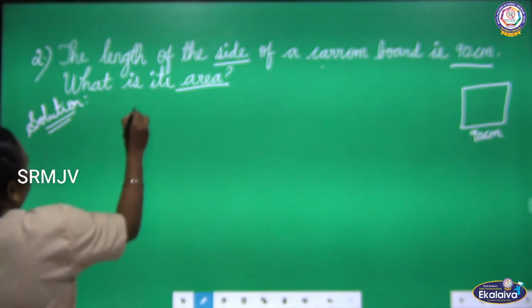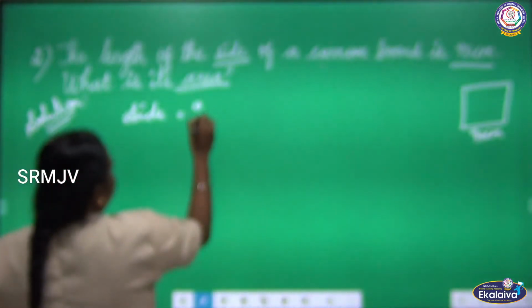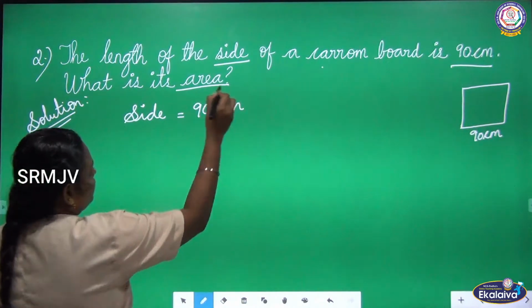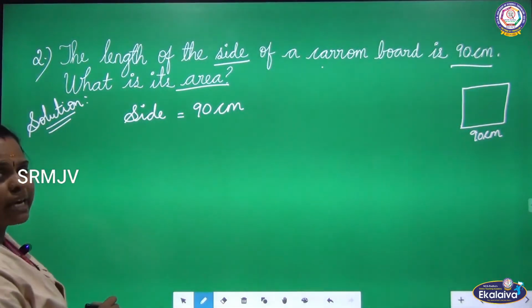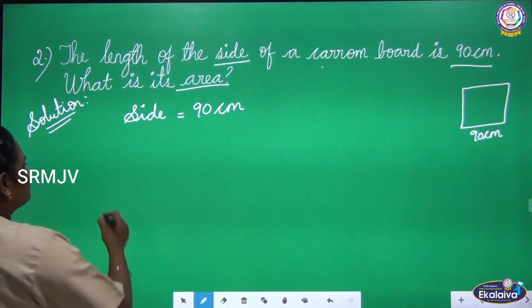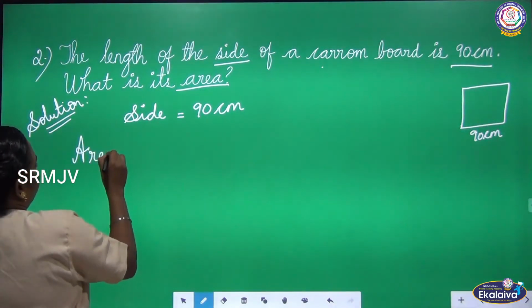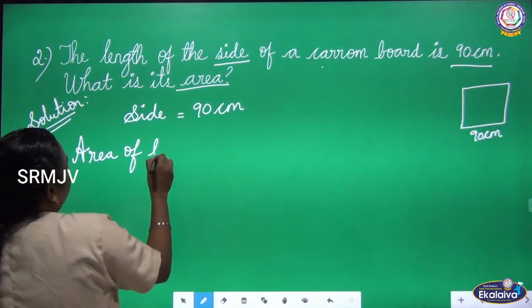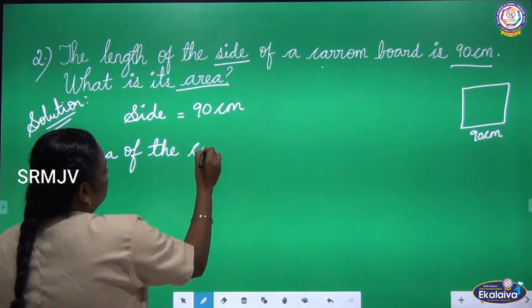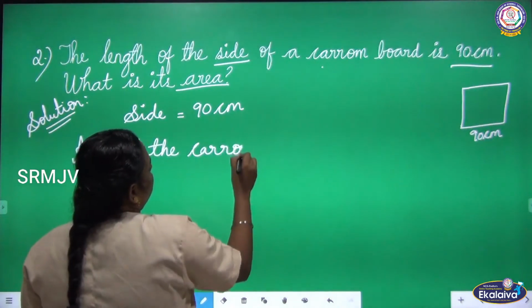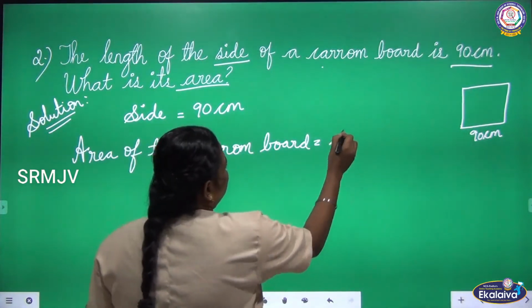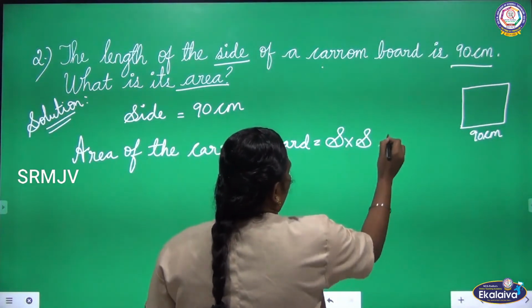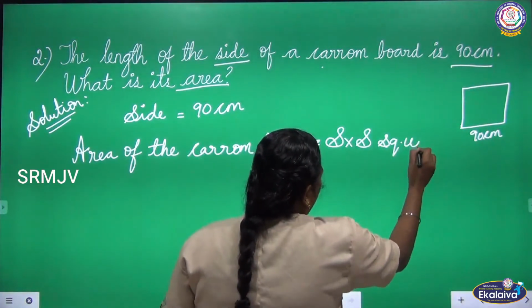So what they have given? Side. Side equal to how many? 90 centimeter. We are going to find out the area of the carom board, that is area of the square. So area of the carom board equal to side into side square units.